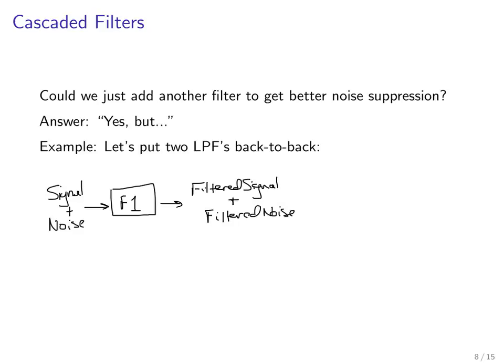We're literally going to just connect the output of the first filter to the input of the second filter to get a cascaded filter. So we'll get filter 2, and then out of that we'll get our doubly filtered signal and doubly filtered noise.